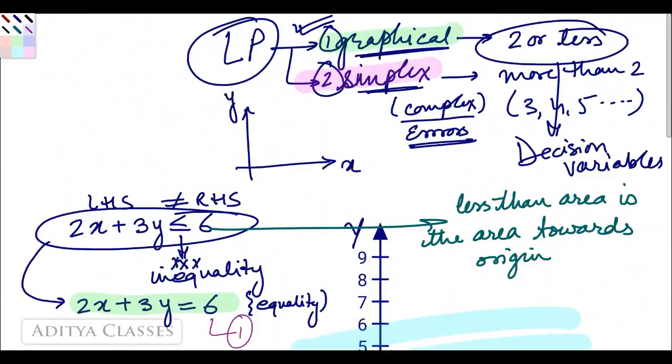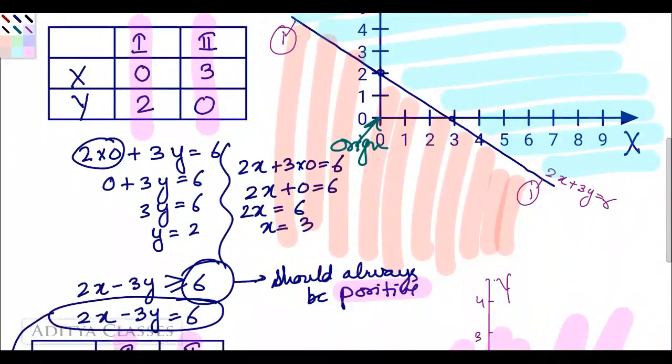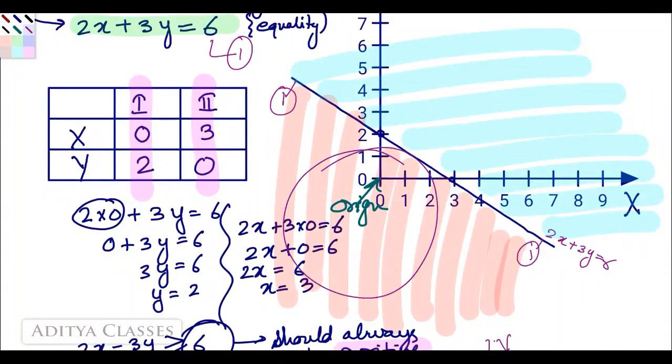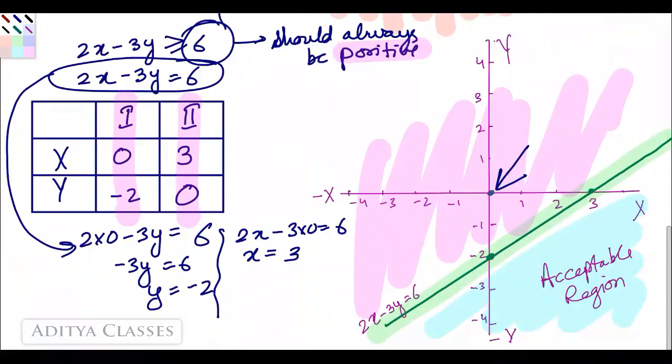Fine. So this is how we plot the constraints. If it is less than, find the area towards origin, and if it is greater than, find the area away from origin, not towards origin but rather away from origin.